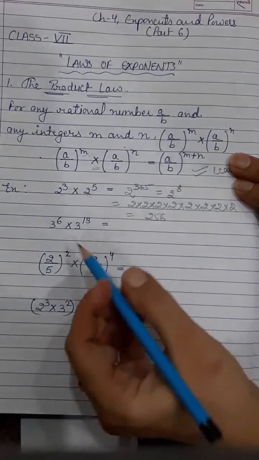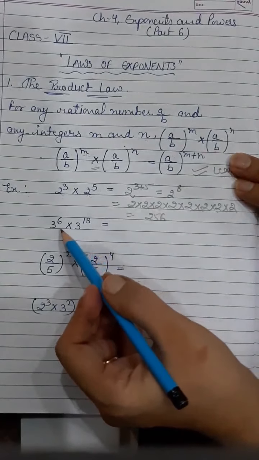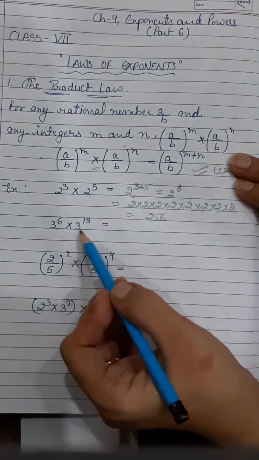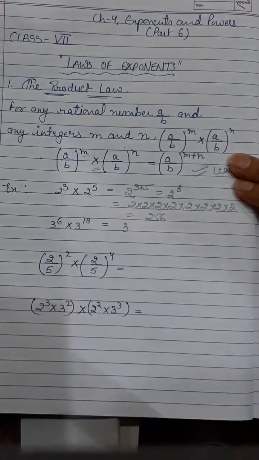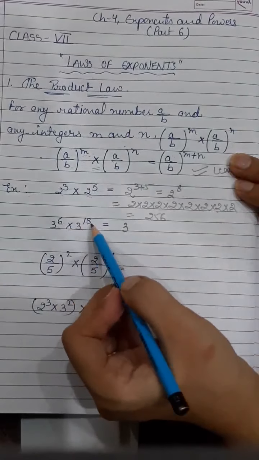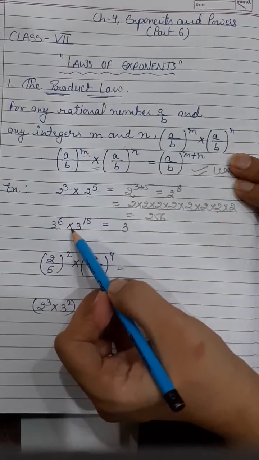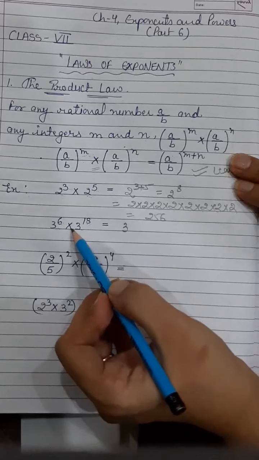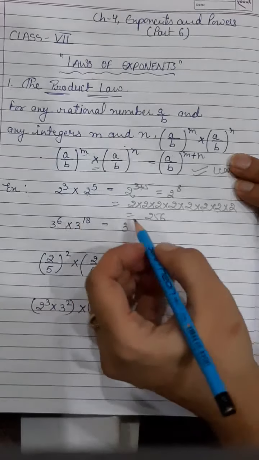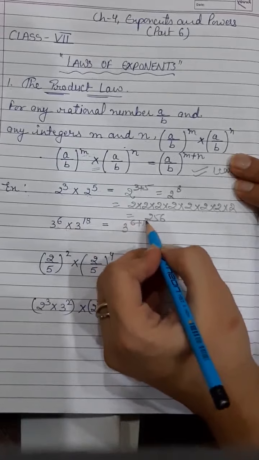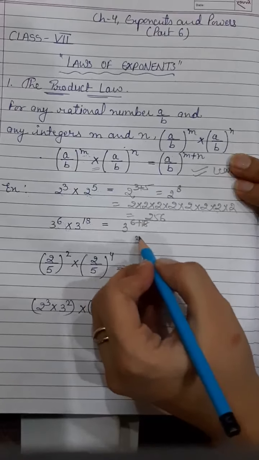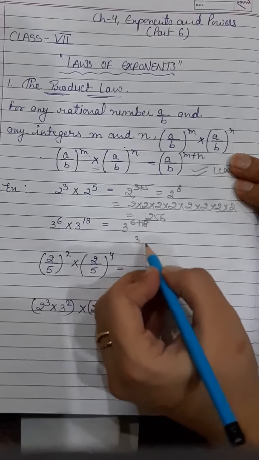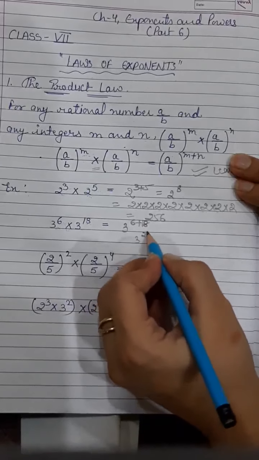Right? Similarly, in this numerical, again you can see bases are the same. So one time you will write 3, and powers are different and you have to multiply. So in case of multiplication, powers you have to add. 6 plus 18, so what will come? 3 to the power 6 plus 18 is 3 to the power 24.